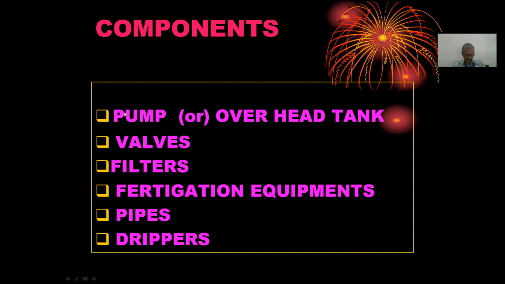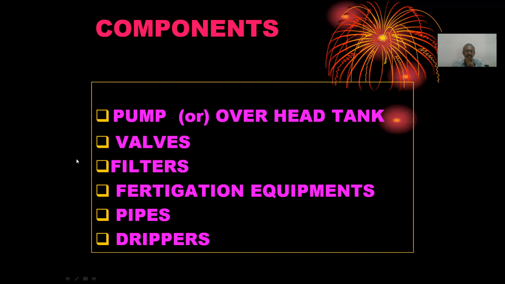The pump or overhead tank is needed to give pressure to the water. At the source of water, you will have a pump or overhead tank. Second is a set of valves. Wherever you need to control water, you obviously need to have valves.